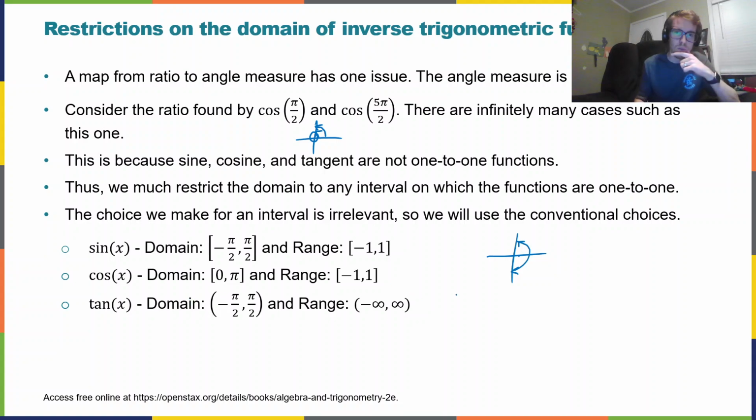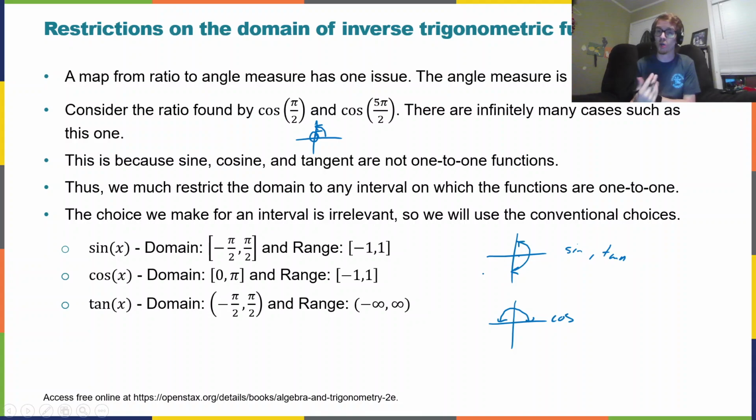Cosine of x we will restrict to 0 to pi, again with a range of -1 to 1 in our x coordinates. And tangent we're going to restrict to -pi over 2 to pi over 2 as well. These are intervals in which the outputs actually don't repeat.